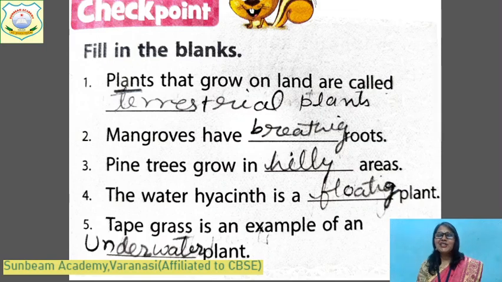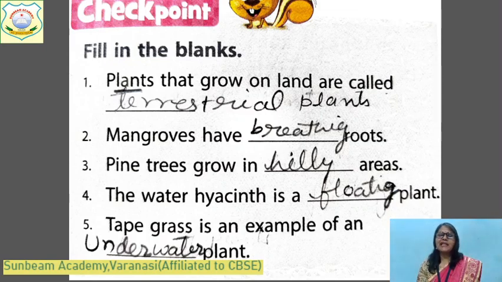And pine trees grow in which areas? Hilly areas. And children, the water hyacinth is a floating plant. It is a type of aquatic plant that is also called floating plant. It floats on water. How does it float? The leaves are spongy and soft. That's why it can float.